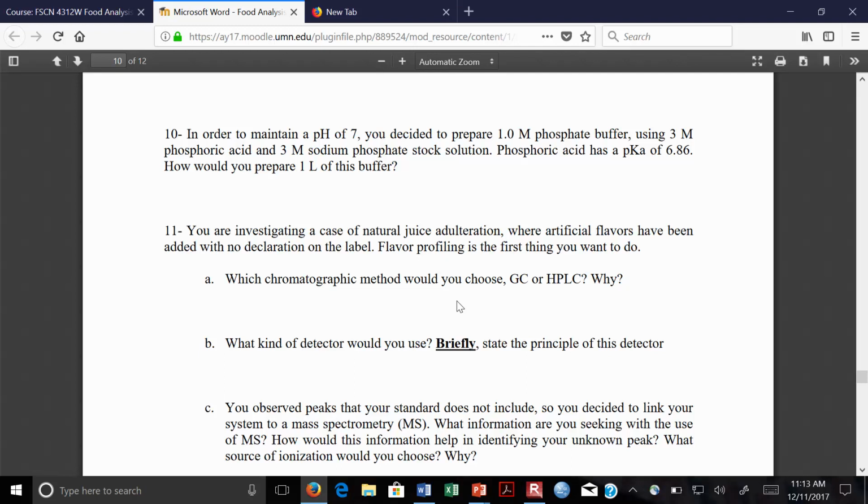So what would that ratio be? Anybody got it? 1.38. So if we have 1.38 times 1,000 minus 1.38 A minus.